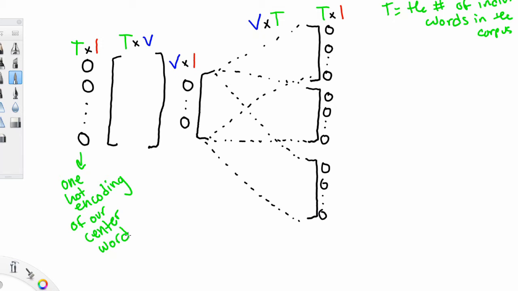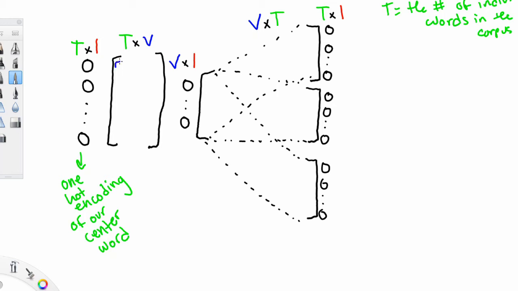Now our first set of weights, and this one is exciting because it's our first set of word embeddings. So each row in our matrix represents a word embedding for a word in our corpus with t possible unique words, which is the same as the length of the one-hot encoding for our current center word, or the number of nodes in our input layer.